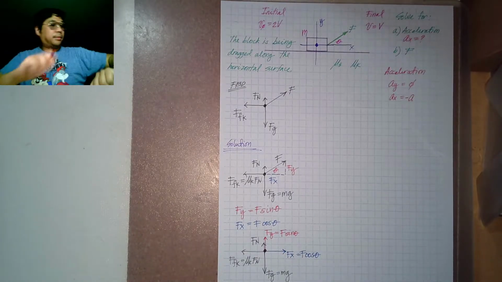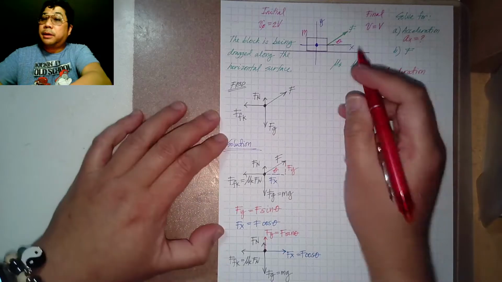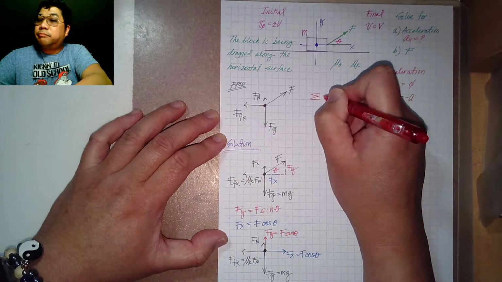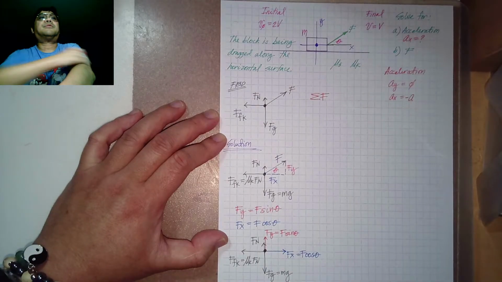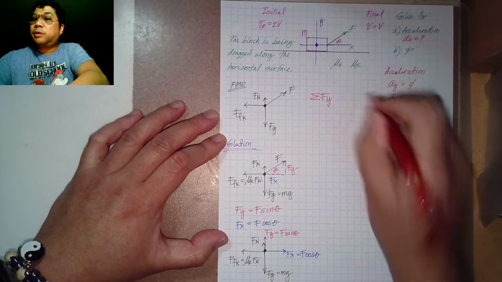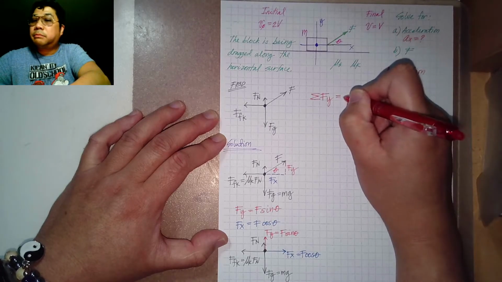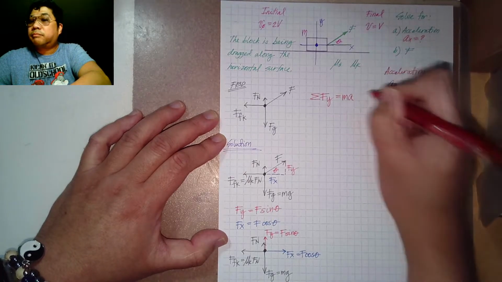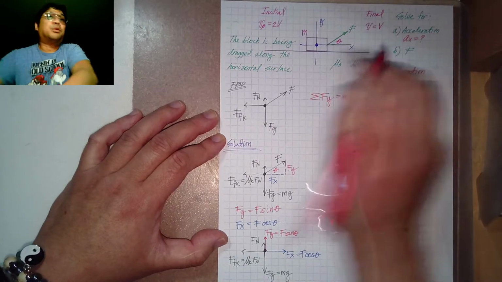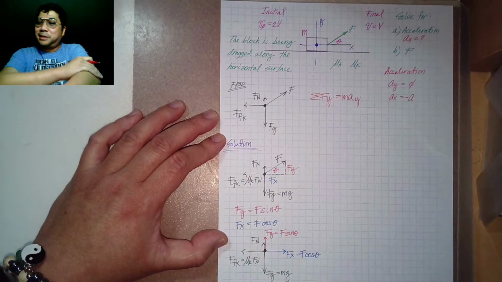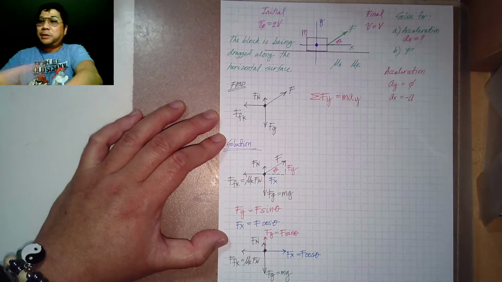Okay, so let us try to apply our concept, which is the summation of forces along your y-axis, and we all know that the acceleration along the y-axis is 0. We still have to write it down anyway, just to establish our relationship.